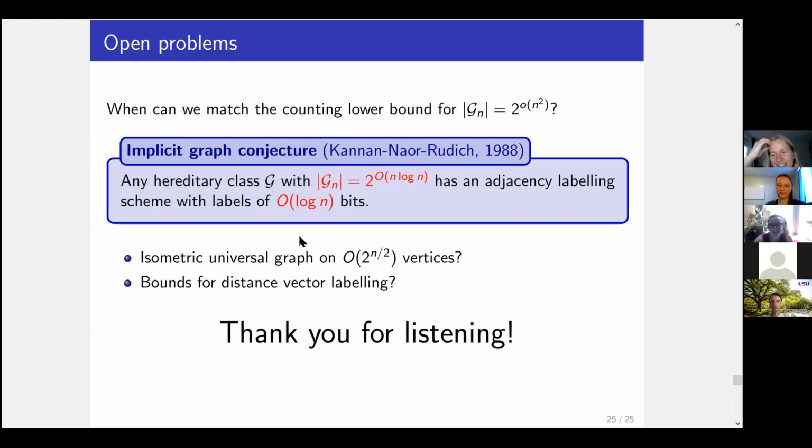But I think I'd heard that there are also people that believe that this conjecture is just false. I think a counterexample would also be interesting. Matching this counting lower bound, I forgot to say that, is actually a tough question as well for a different reason, which is that the counting lower bound itself is not very well understood. For the number of n-vertex graphs in arbitrary hereditary graph classes, in the dense case it's much easier, since a notion of a coloring number determines it.